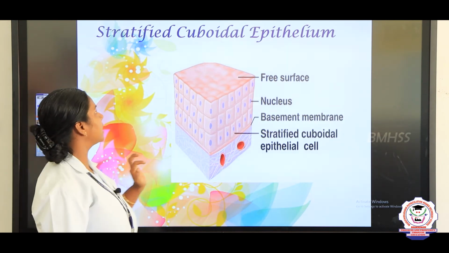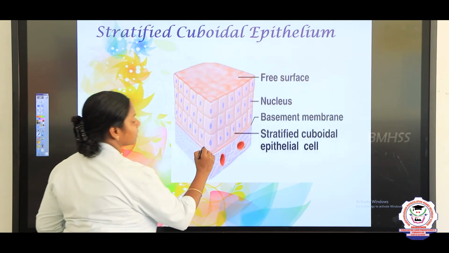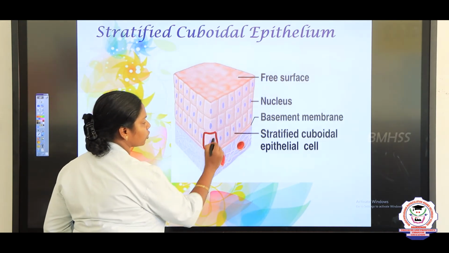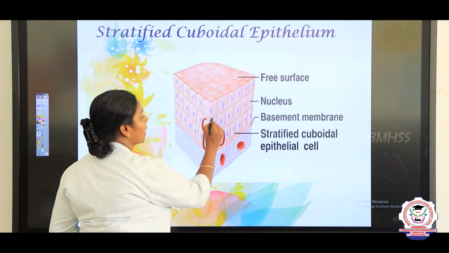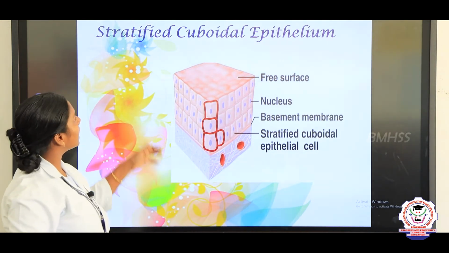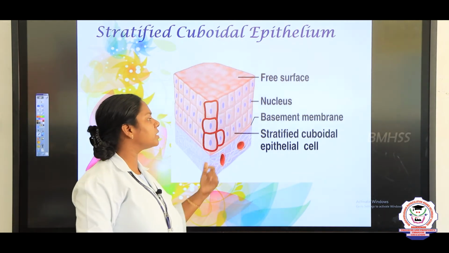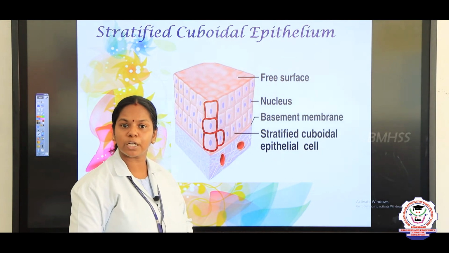And next we are going to study about the stratified cuboidal epithelium. That is cuboidal cells, the cells which are cube shaped, arranged one above the other. So, this multi-layered appearance we say is a stratified cuboidal epithelium. And where is this stratified cuboidal epithelium present in our body?